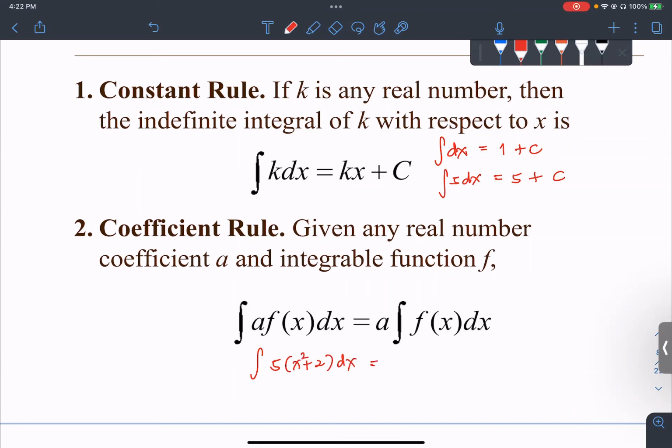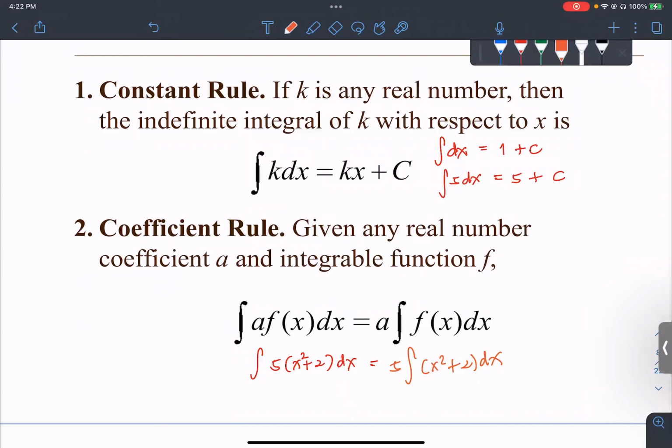We can move out 5, since 5 is a numerical coefficient for x squared plus 2. Then the integral of x squared plus 2 dx. So we find the integral of x squared plus 2 dx, and afterwards, we multiply the answer by 5.